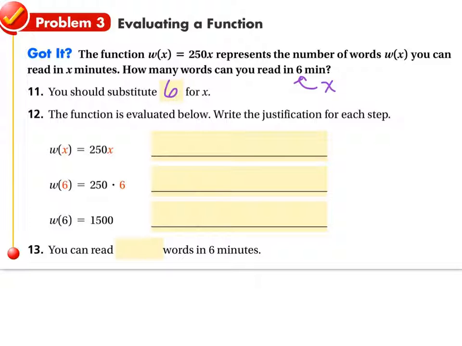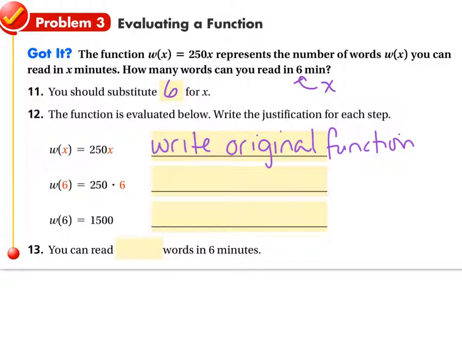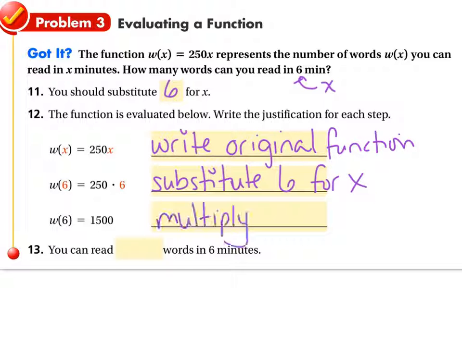Now, as the function is evaluated below, we're going to write the justification for each step. So first, we have the original function. So we're going to write the original function. Then we're substituting in 6 in place of the x. And then we're multiplying. And as you see, we can read 1,500 words in 6 minutes.